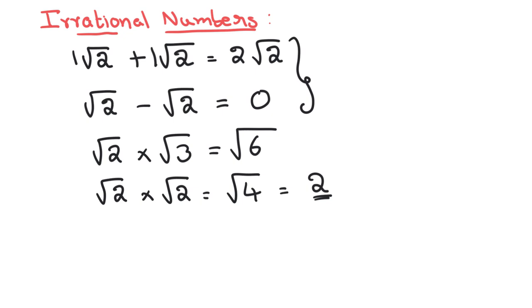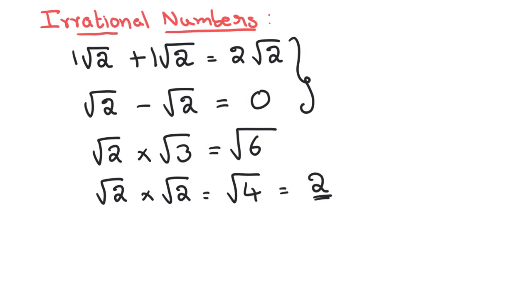The product of two irrational numbers may result in an irrational number, or it can be a rational number. So the result is not always fixed. It depends on what are the irrational numbers that you are multiplying, subtracting, or adding.